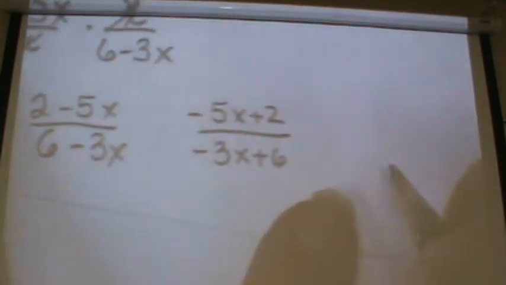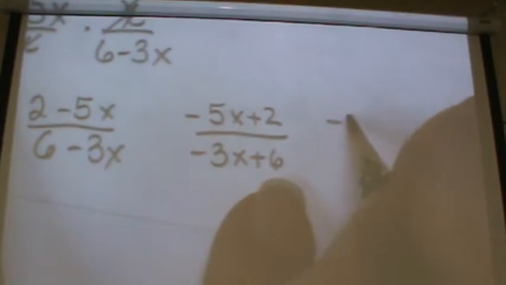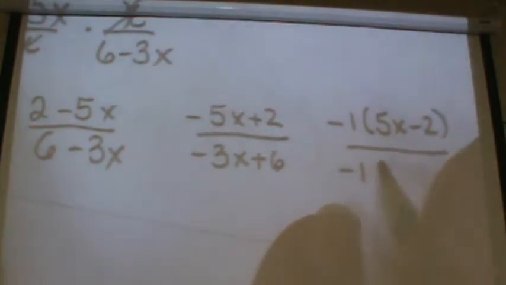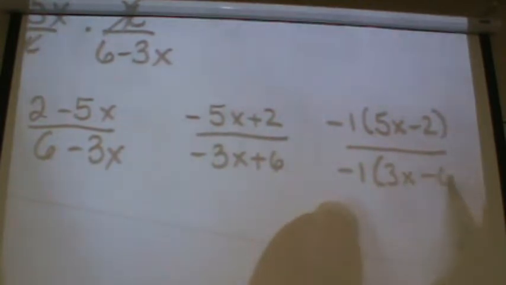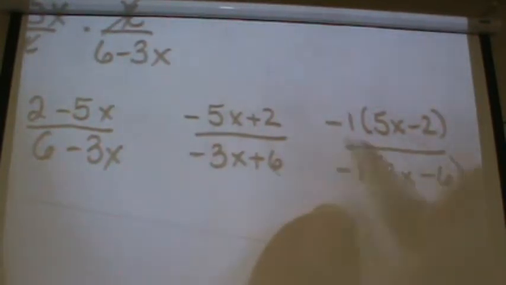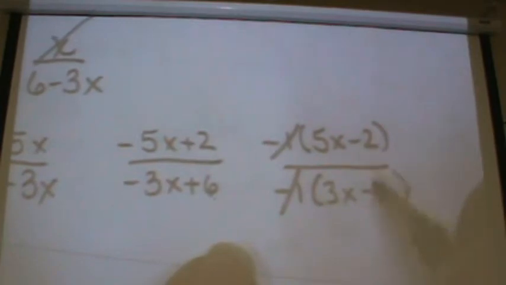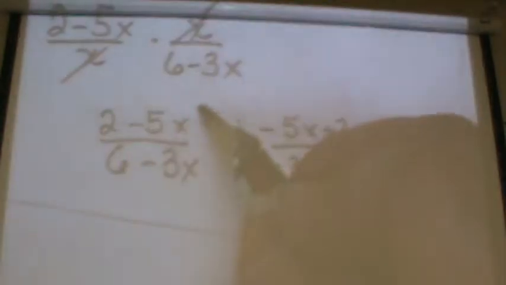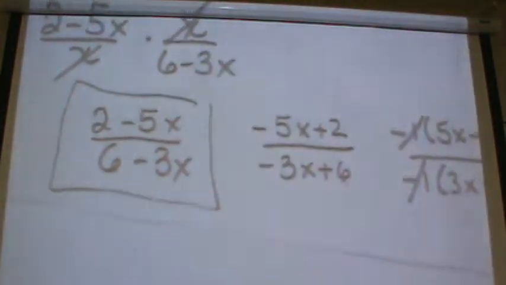Then they took out a negative 1 and a negative 1 here, which is the same, and then you can cancel those. So this is another possible answer, 5x minus 2 over 3x minus 6. You didn't have to do that, you could have just left it like that. If you did, that's great. Just be careful.